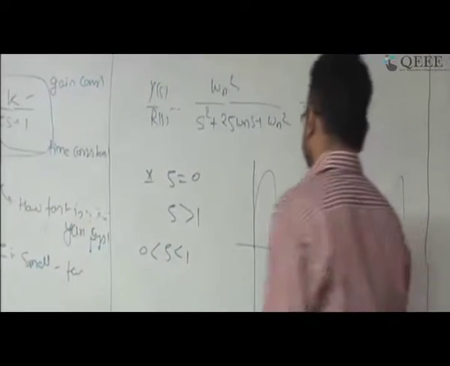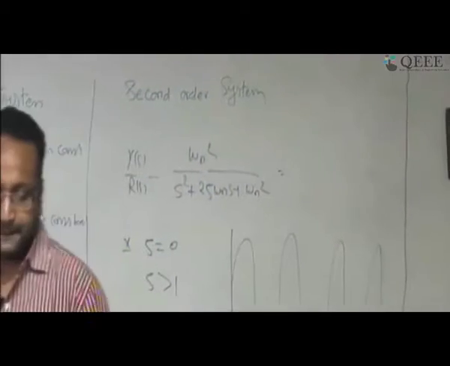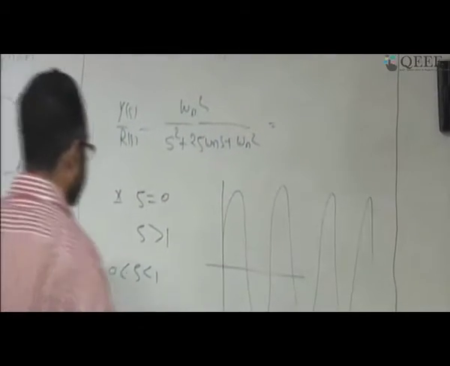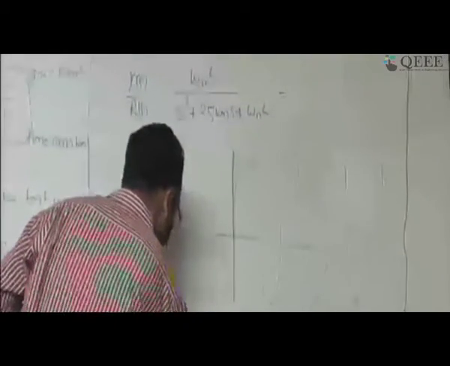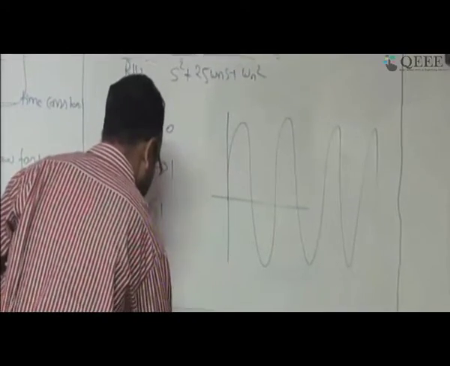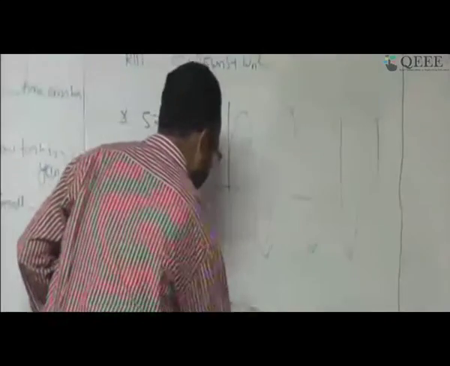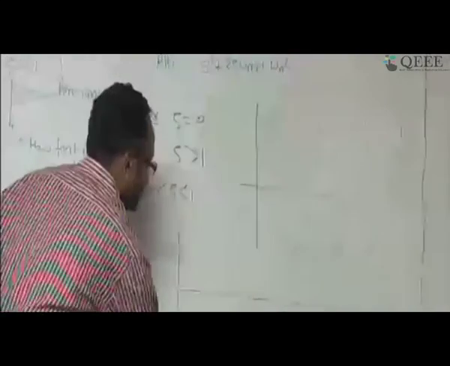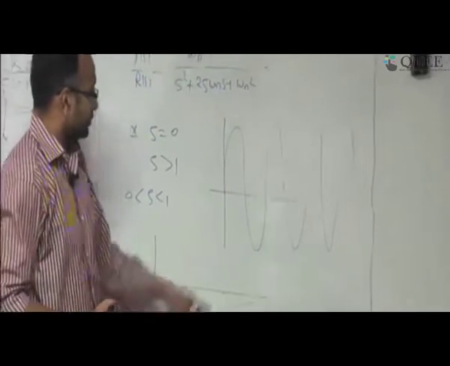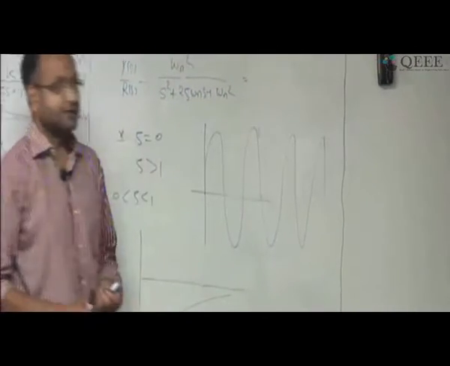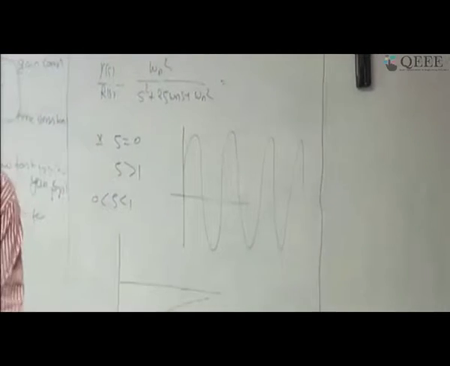If zeta is more than 1, then we get a response something like this. This is zeta greater than 1, which is called the overdamped scenario. This is called oscillation behavior when the damping factor is 0. This zeta is your damping factor.